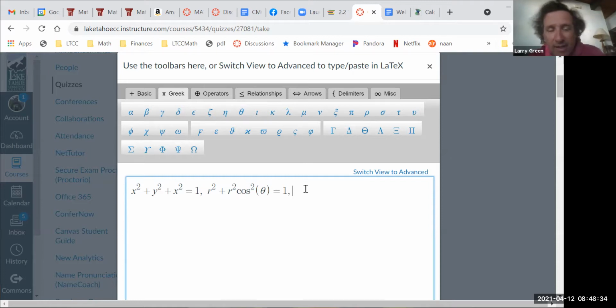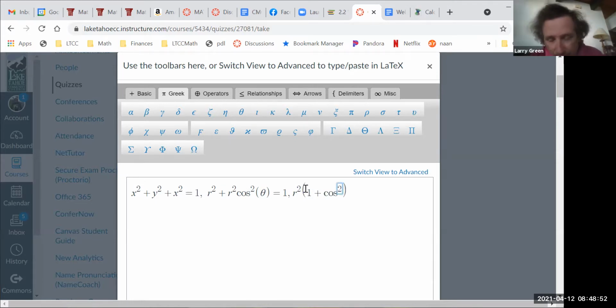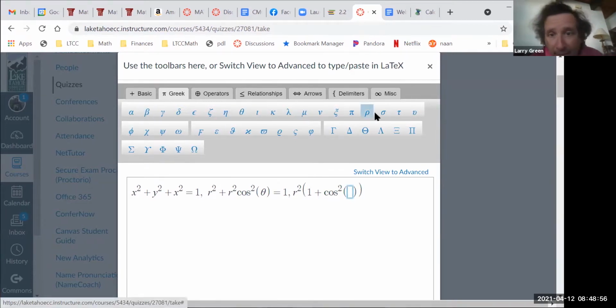Okay, now what I need to do is I need to solve for r. And hopefully that's not that big a deal. I could factor out an r squared times 1 plus cosine squared theta equals 1.